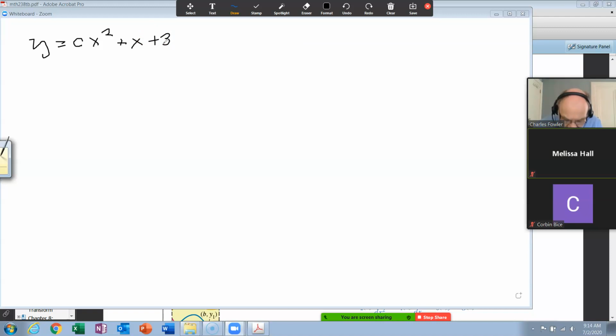We need to show that is a solution to this initial value problem: x squared y double prime minus 2x y prime plus 2y.